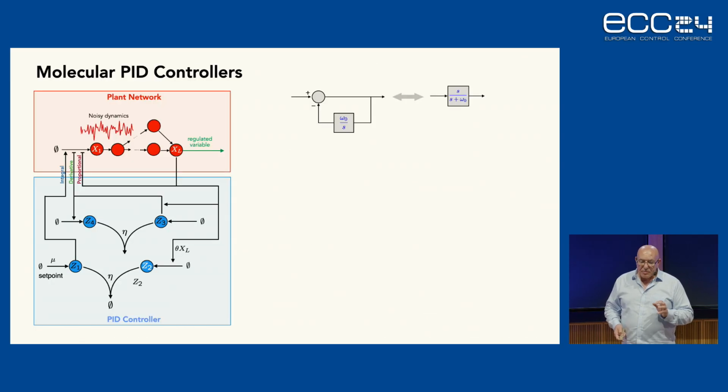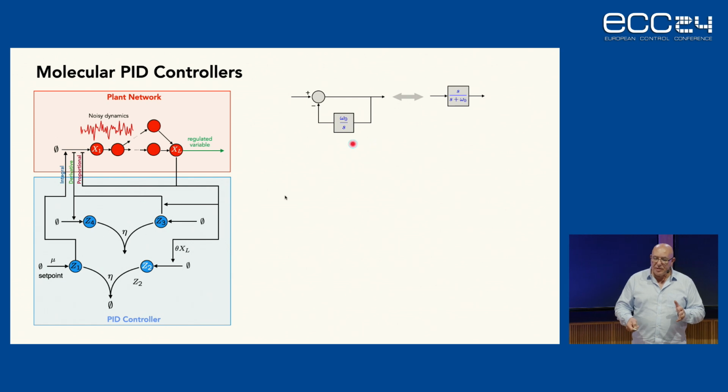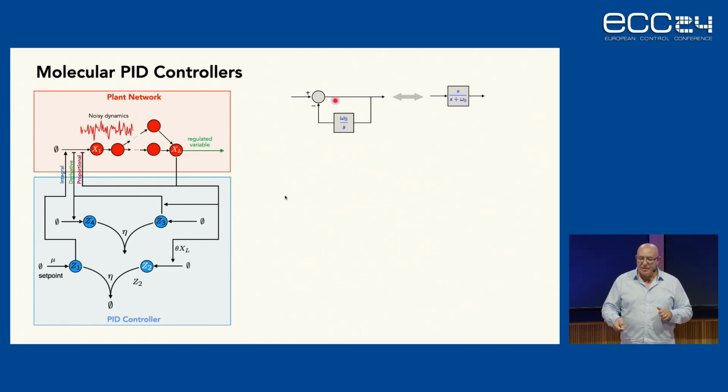And I want to end by showing you how one would build a PID controller. And so I showed you a proportional integral controller. Now, if you know how to make an integrator, you can get a differentiator by putting an integrator in a feedback loop with a unity feed-forward transfer function. And so this here is equivalent to s over s plus omega naught.